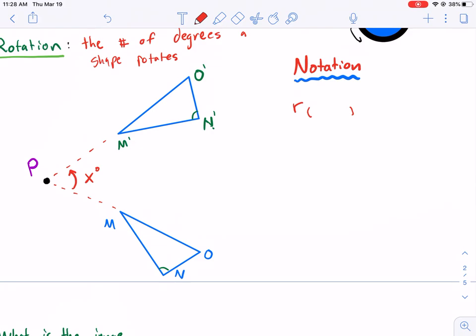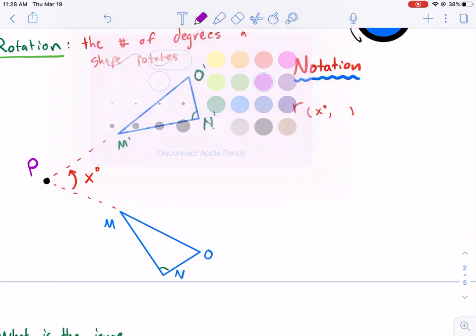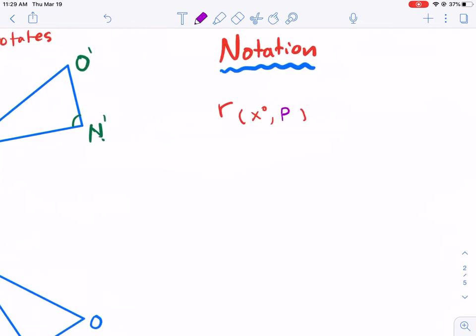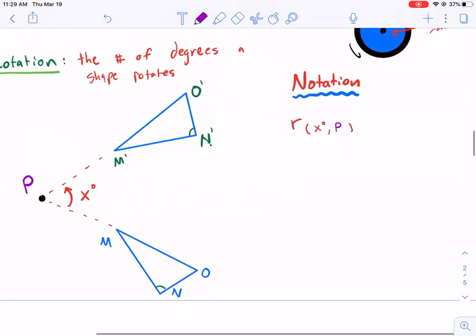The first thing tells us how many degrees we are rotating the shape. The second thing is where the center of rotation is. Sometimes that might be a labeled point, sometimes it might be a coordinate, but point P tells you where the center of rotation is.